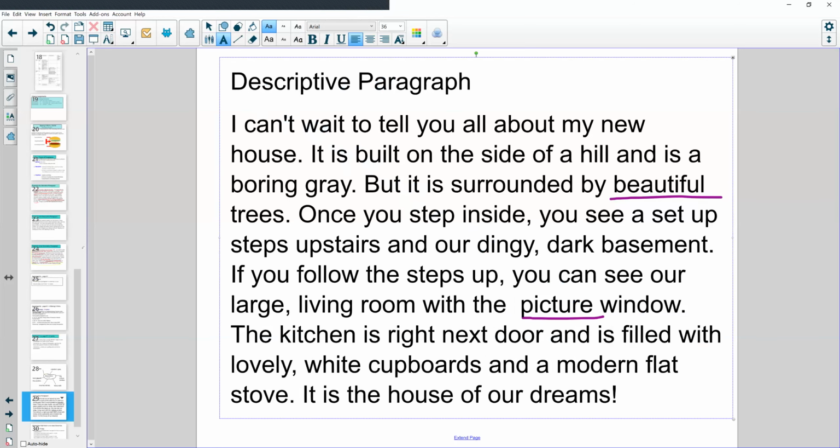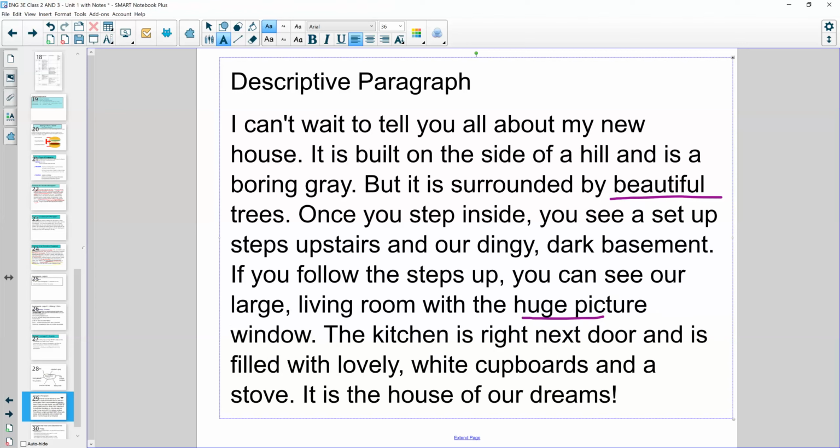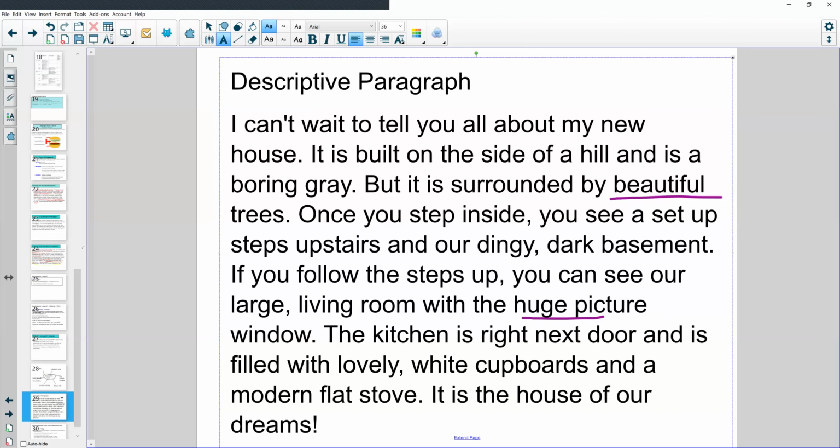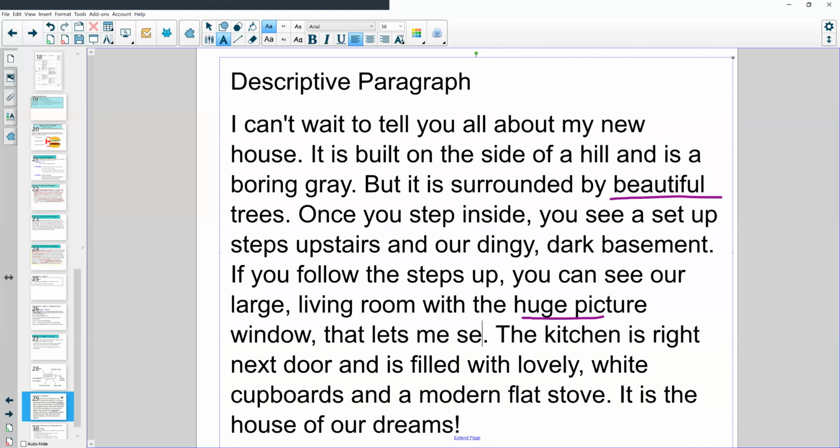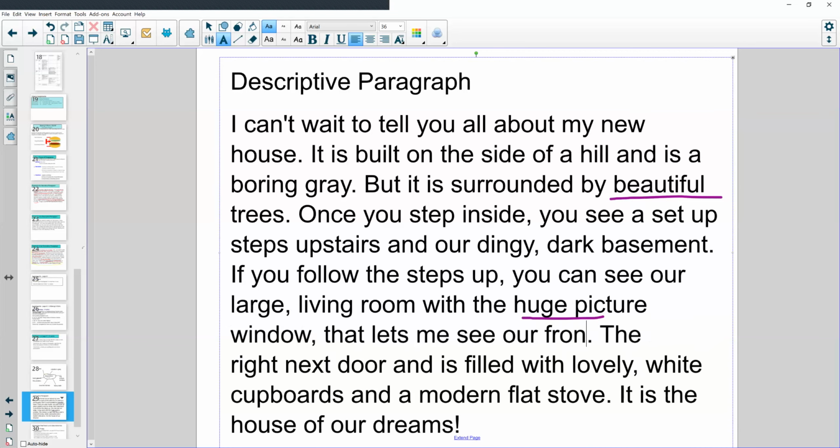Instead of beautiful, what could I use? I could use pretty. I could describe the size, like it's huge. I'm going to go with huge. With the huge picture window that lets me see our front yard.